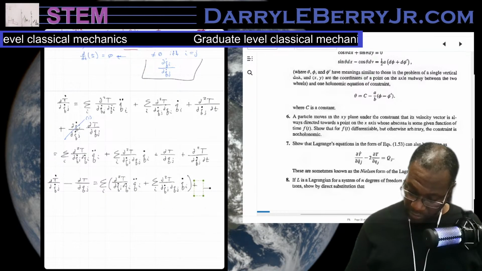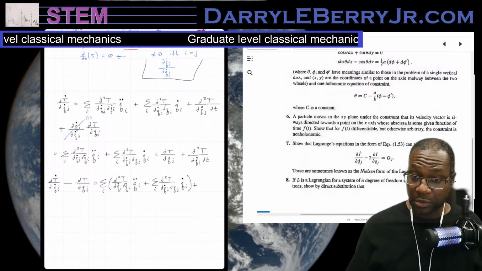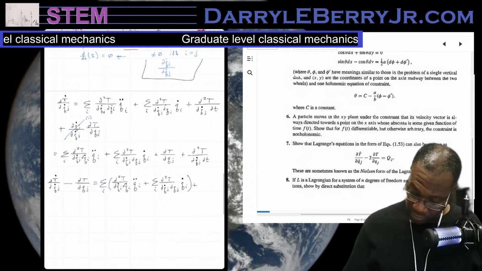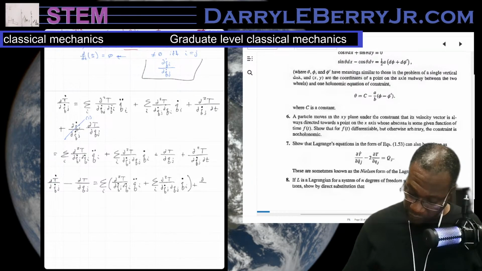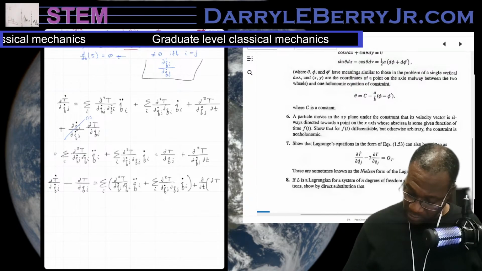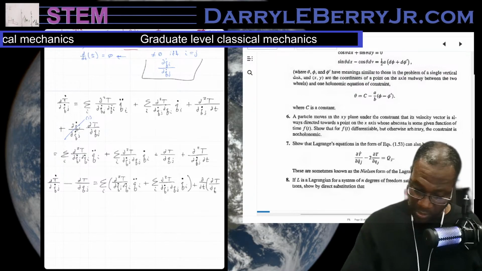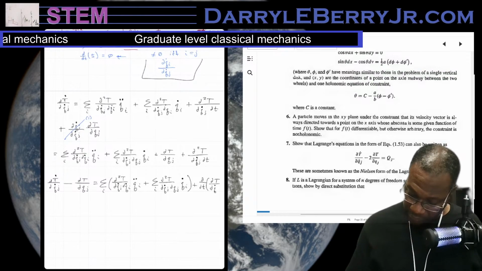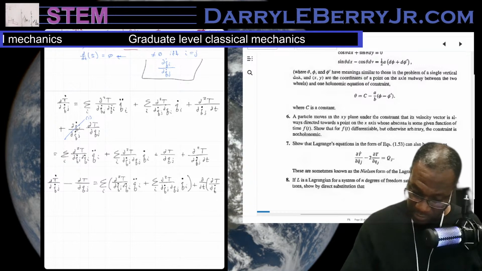And I noticed she broke the term apart. So we end up having partial over partial t, partial T over partial q dot j.